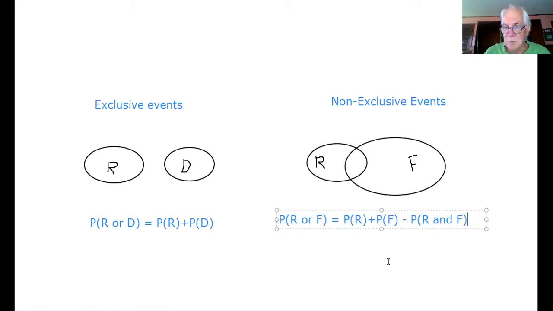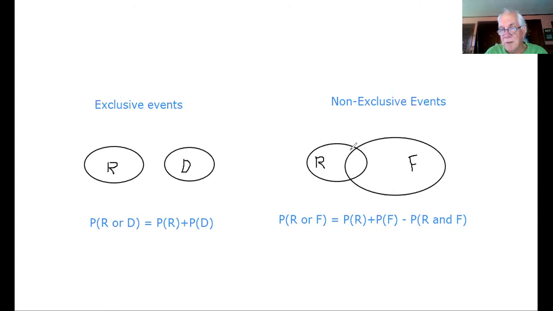Now, why is that true? Why are they different in this case? Part of the reason is that there's overlap. If I'm doing this formula, I count everybody that's in the Republican circle, and then I count everybody who's in the female circle.